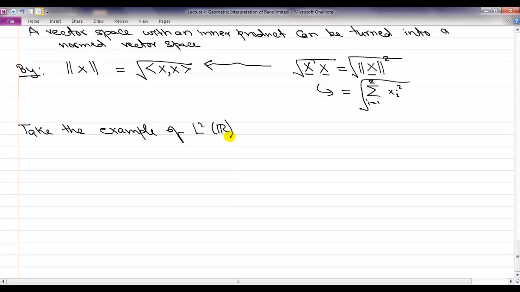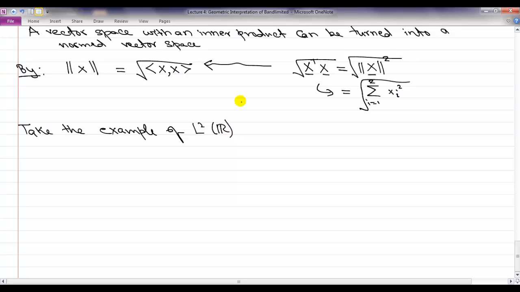I'm sure in your undergraduates you have done many exercises where the question comes, show that this collection of signals are orthogonal, i.e. show that if you do this operation, the answer is 0. This is a formal way of saying when are two signals orthogonal? When are two signals very similar to each other?